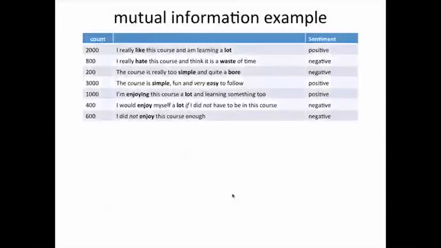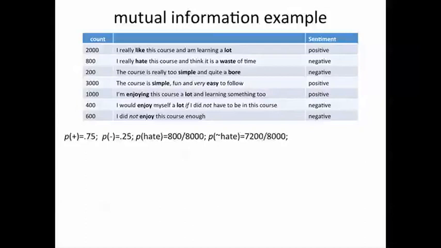We'll take the same set of comments that we used earlier and compute the mutual information between a word such as hate and the sentiment positive or negative. The probability that a comment is positive is just a fraction of positive comments, which is 6,000 out of 8,000, and similarly 2,000 out of 8,000 for negative comments.